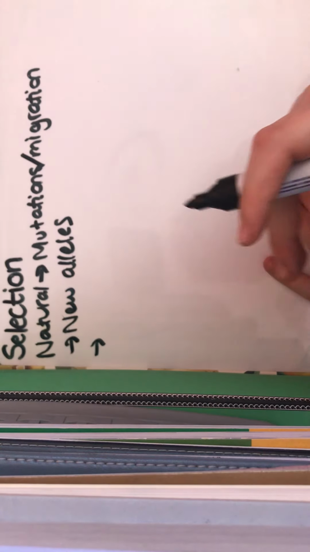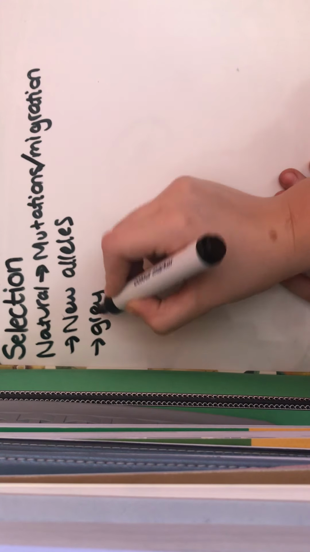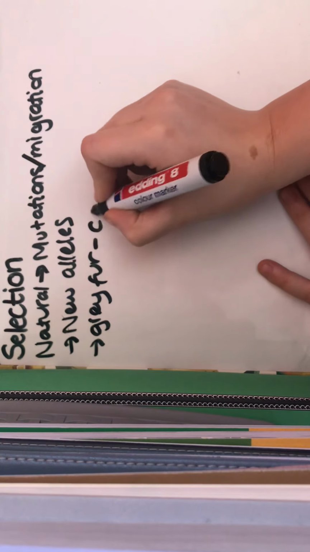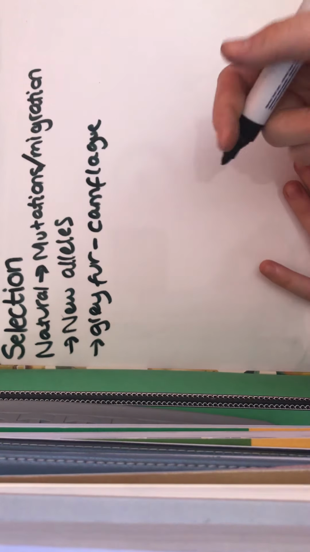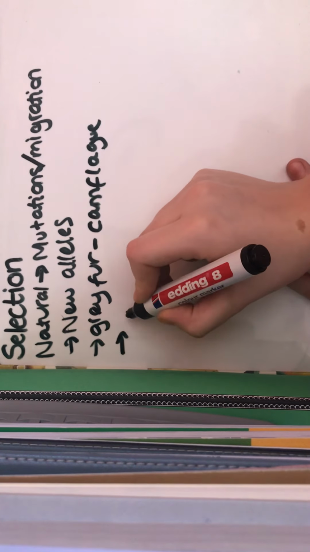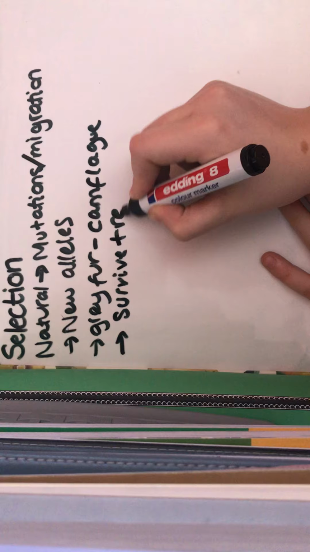So if we've got somebody with a new allele, for example, a mouse that has grey fur that is better adapted to be camouflaged, better adapted to their environment, they're more likely to survive and reproduce.